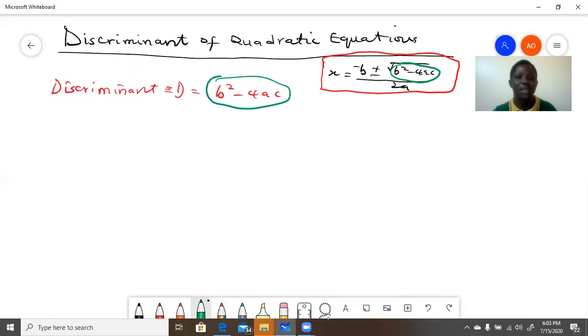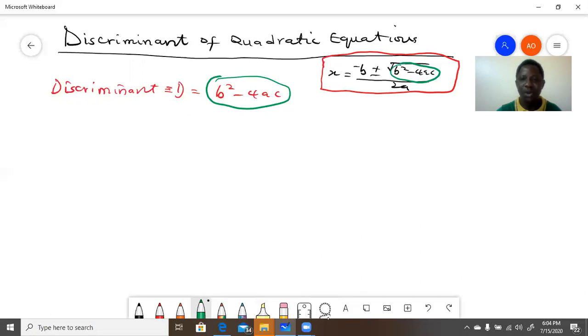So we want to talk about it. Now, the discriminant, that is the part of the quadratic formula under the square root sign, can be a number less than 0, can be 0, or can be greater than 0.